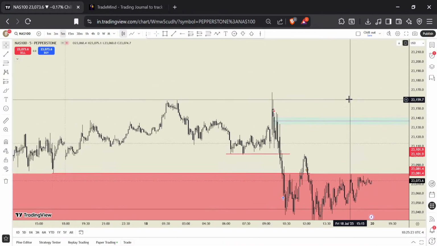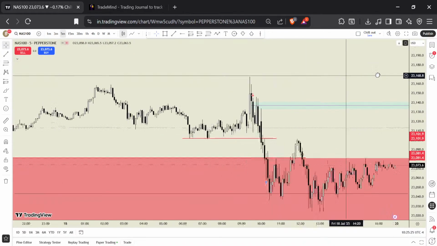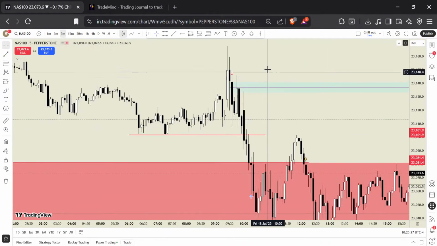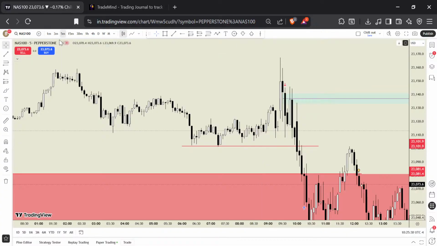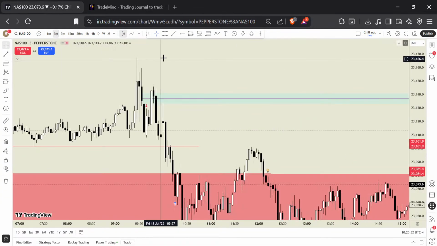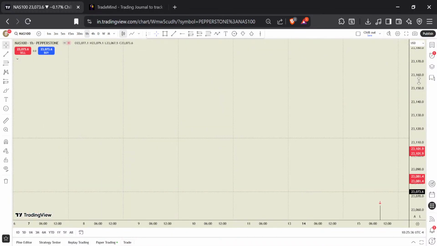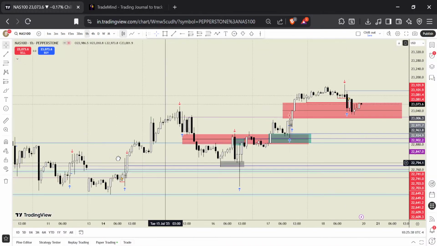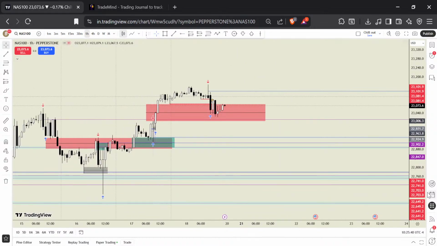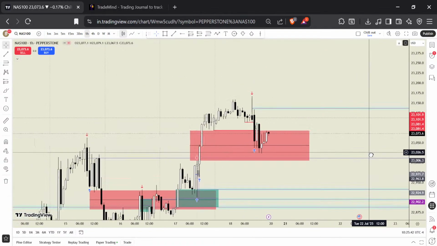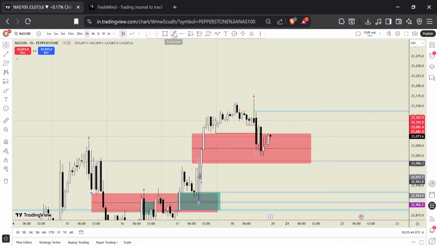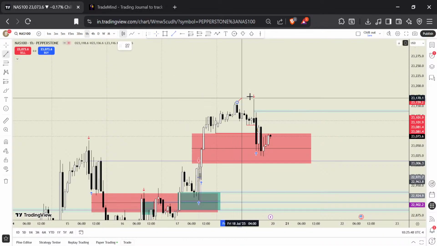So Friday, this is the trade we took. Our first bias is bearish, so let me go to the lower time frame. Why bearish? The reason is, one, we got a liquidity hunt in the higher time frame.